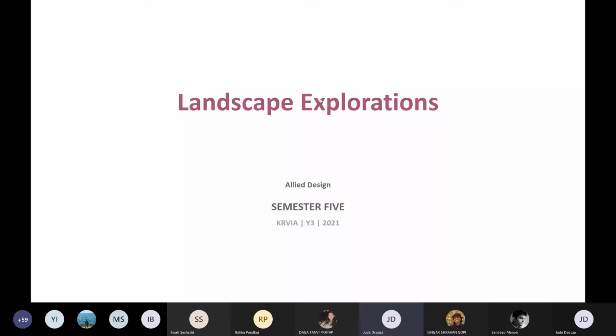Now the disclaimer to this is that this is landscape architecture seen from an architect's viewpoint. I'm not a landscape architect. So these are things that I find interesting as an architect. That's the disclaimer on this presentation.